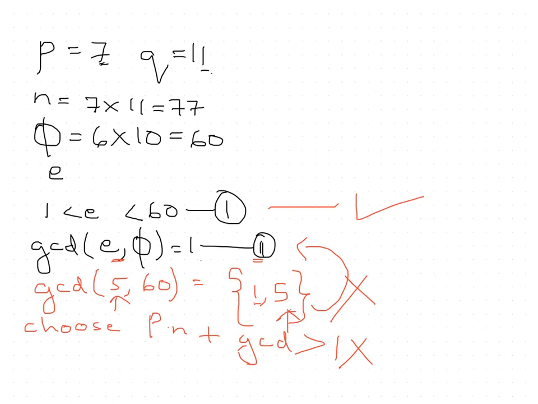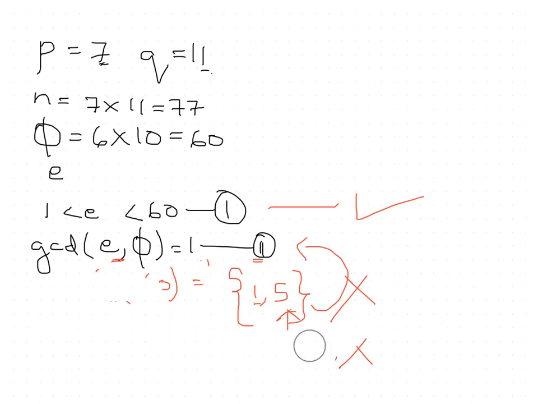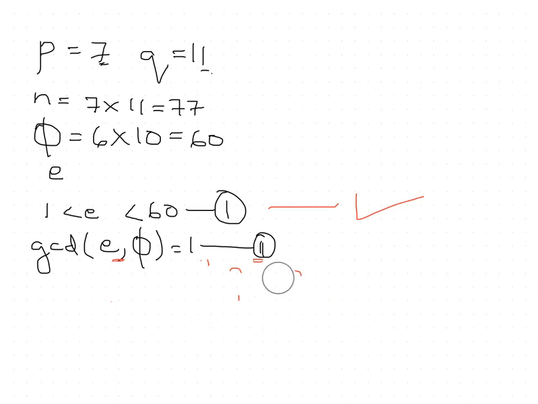Though it is a prime number, the GCD between 5 and 60 is not 1. I need a value which results in 1, right? So when you choose e, please remember that it has to be a prime number, but also keep in mind that you have only 1 as the GCD between phi and e.